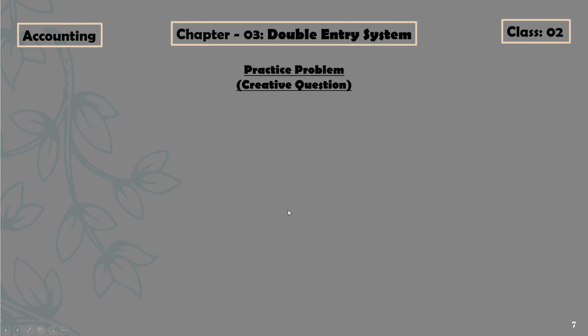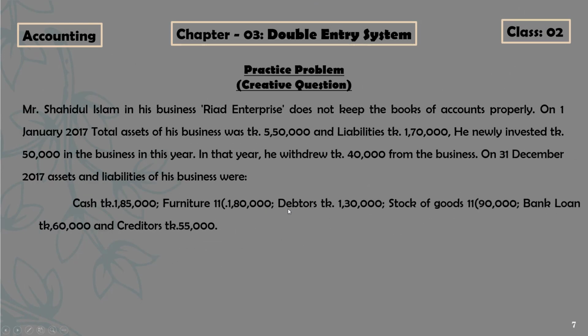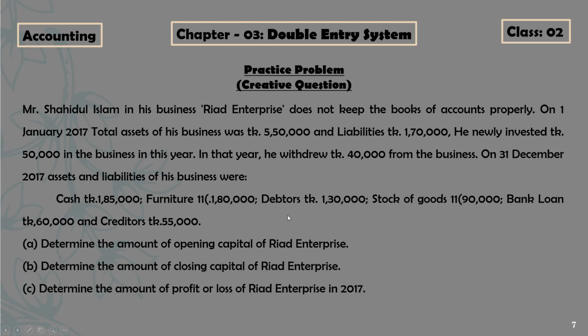Creative problem. This is a practice problem, and here's the math. We will solve this creative question now. Let's first read the requirements. A, determine the amount of opening capital of Riyadh Enterprise. B, determine the amount of closing capital of Riyadh Enterprise. And the final question is, determine the amount of profit or loss of Riyadh Enterprise in 2017.